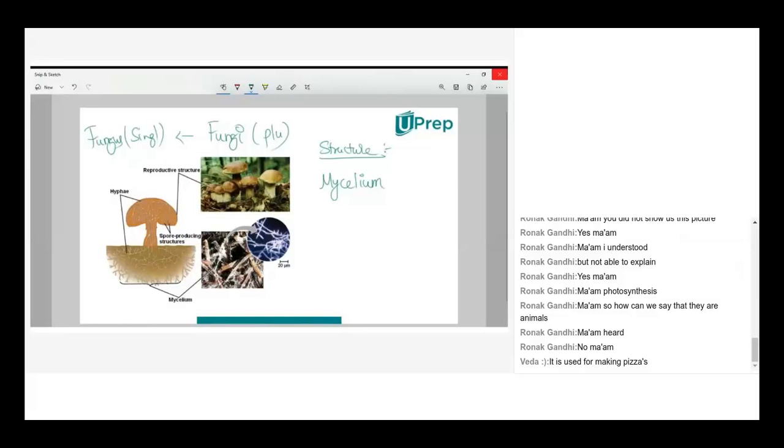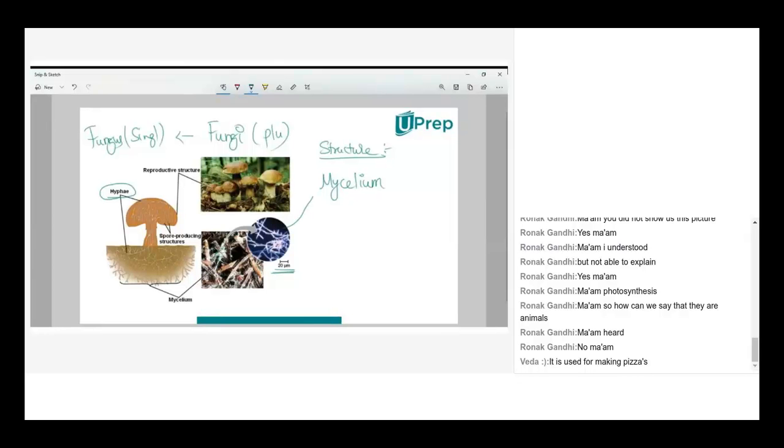This whole thing is called hyphae. Now, when the whole hyphae grows, it forms like this. The white colored part is shown at a magnification of 20 micrometers. So this is mycelium. Mycelium is nothing but a mat-like structure.